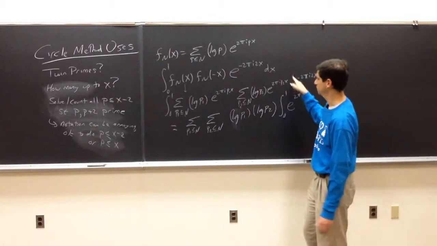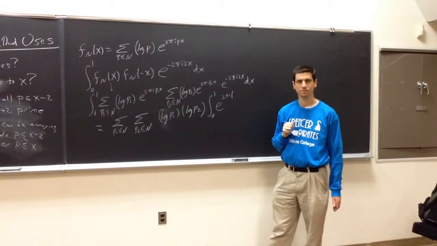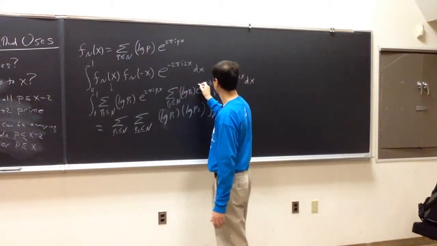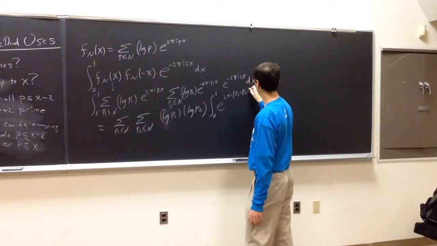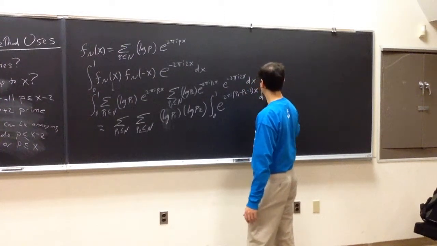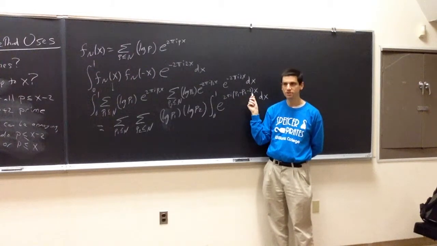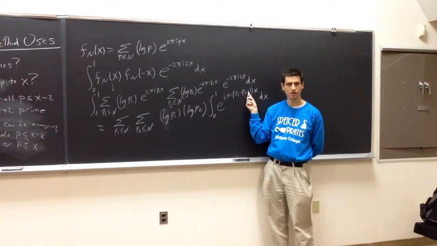What's the mistake over here? It should be minus because I'm evaluating it at negative x. So I'm going to get p1 minus p2 minus 2 times x dx. Well, when I look at this integral, the only time this integral is 0 is if p1 minus p2 minus 2 equals 0, which means p1 equals p2 plus 2.